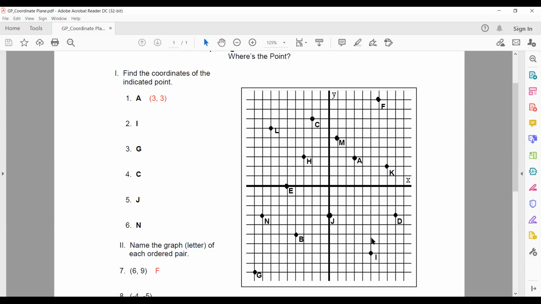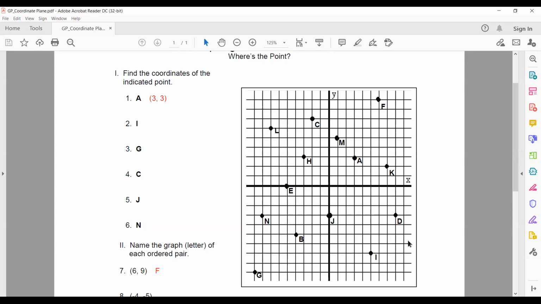So what are the coordinates for letter I? -5, -7. Okay, we got 2 votes for -5, -7. Sounds correct. Got one here in class from Jaden.